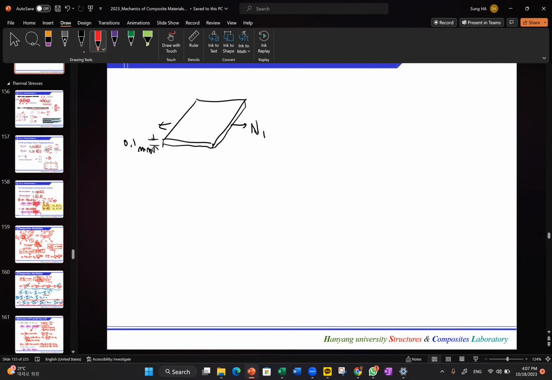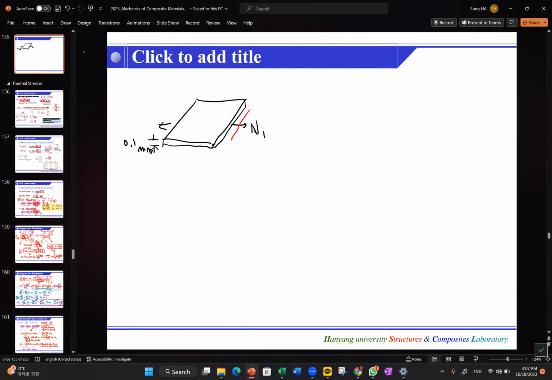Well, certainly this is isotropic. This will be extended this much, right? Left and right. But also in y direction, there will be some contraction, because of Poisson's ratio. This is how much extended and how much contract.